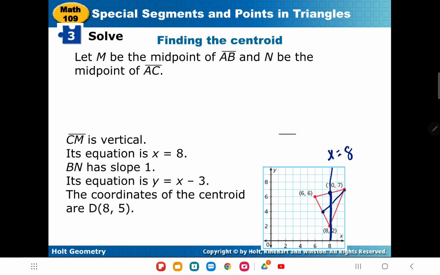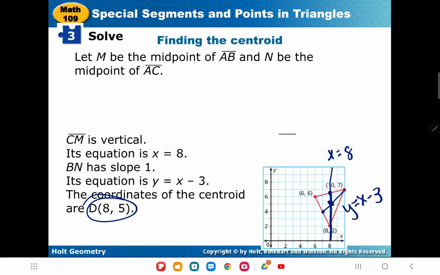And I can see right away through visual inspection that this point of intersection is at 8, 5. Again, I only need those 2 linear equations that I can solve to find the coordinates of the centroid.